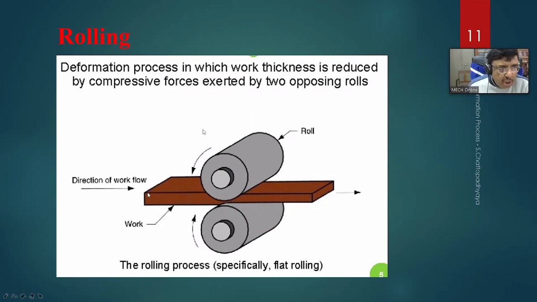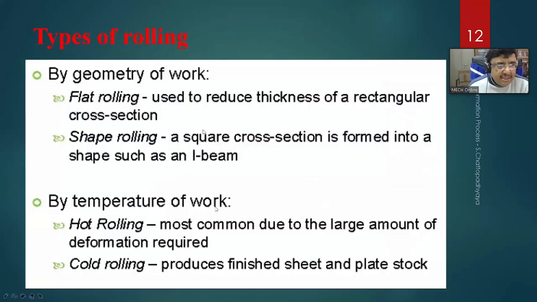The thickness is reduced. In some advanced classes, we'll discuss the mathematical equations associated with the rolling process. It is a two-roll configuration, specifically flat rolling, whose objective is to reduce thickness.